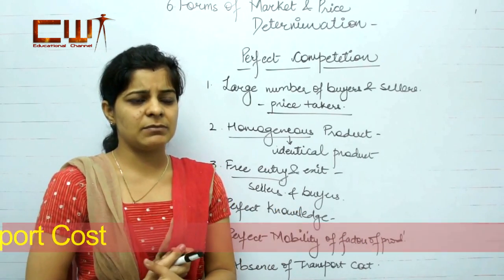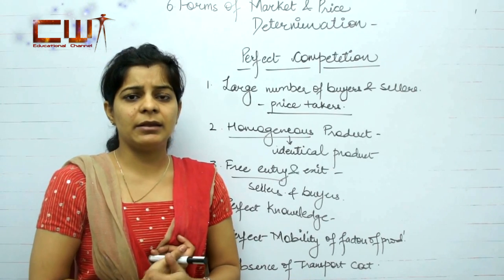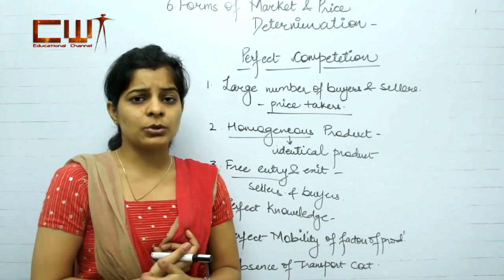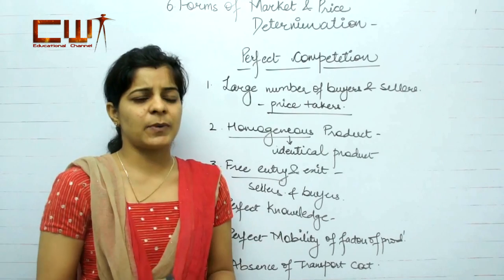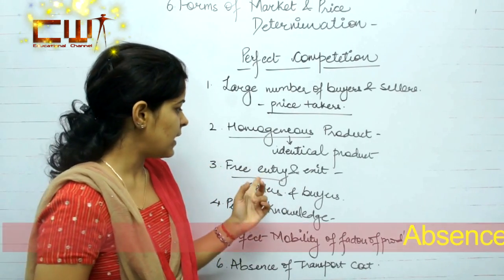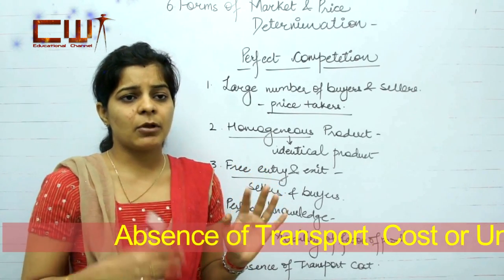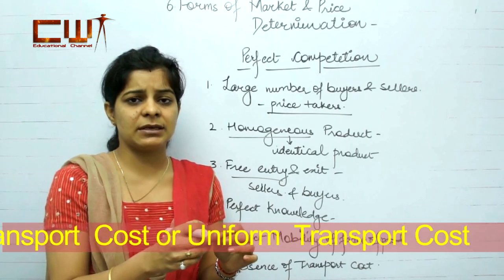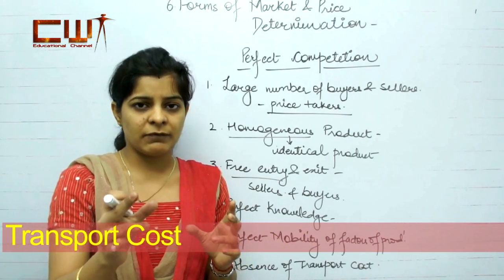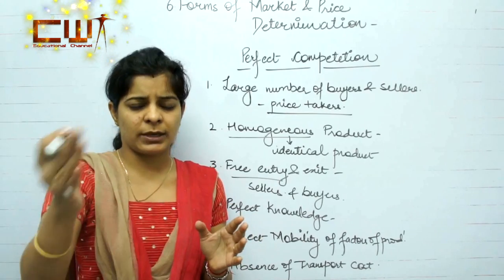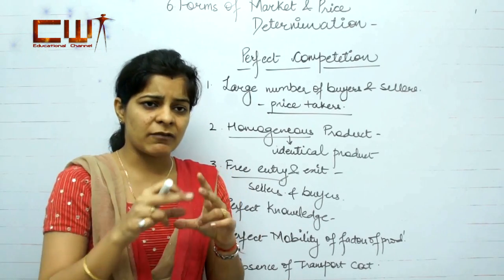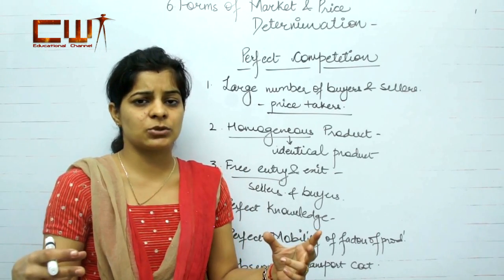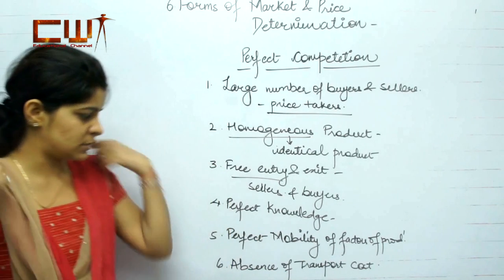They are all located near the industry area, so there is no transport cost. That is why the prices are the same. If one seller is near the industry and one is far, the far one will have more transport cost because he has to take goods a longer distance. So all the sellers are together and they sell the goods.